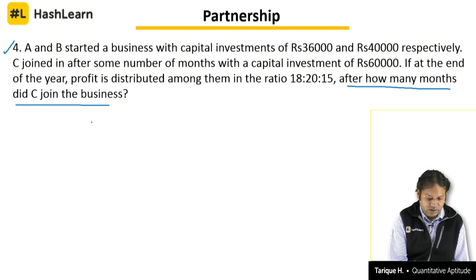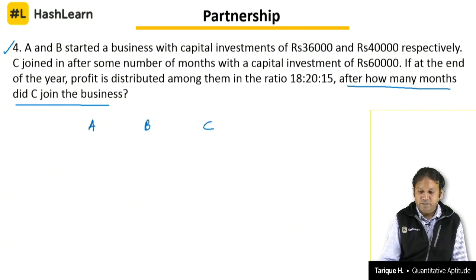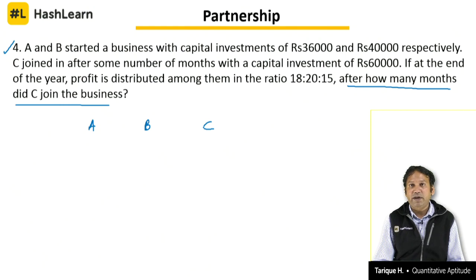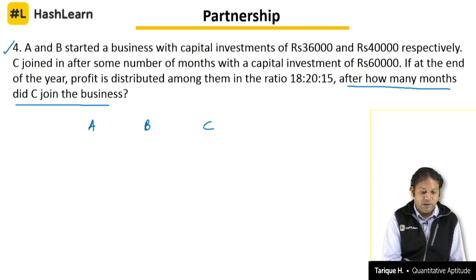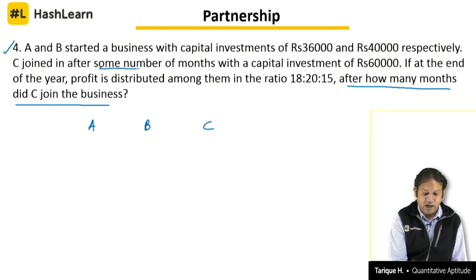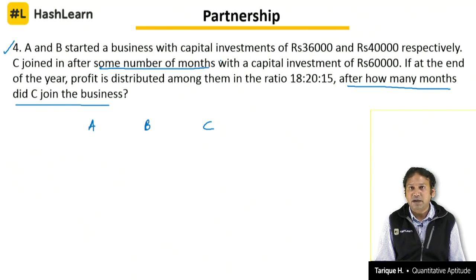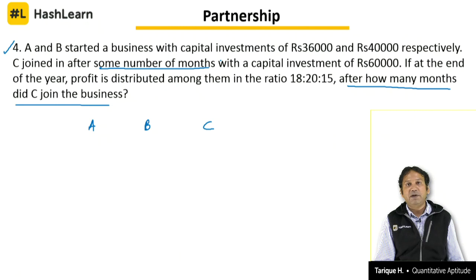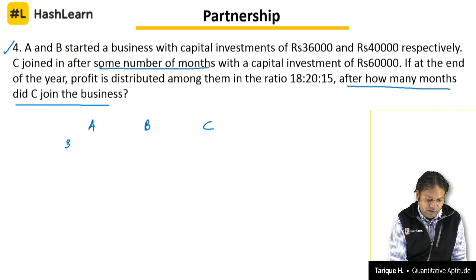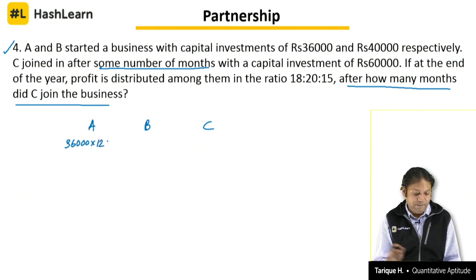So let's take these 3 persons, A, B, C. Since C is joining after some number of months, we don't know how many, it is a case of compound partnership. We can't simply take the initial investment to calculate. That means A's investment we calculate as 36,000 for the entire 12 months, because his investment remains the same.